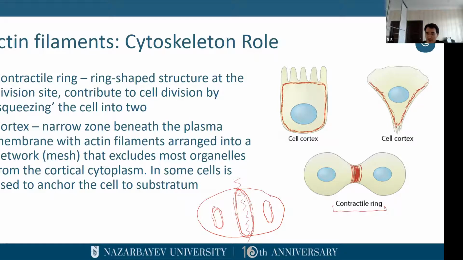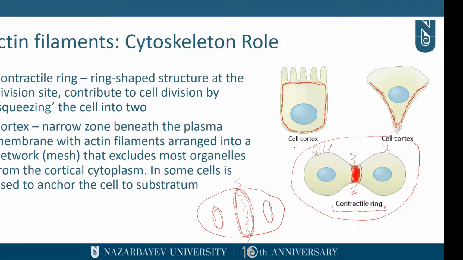And then this ring starts contracting. It contracts until these two parts, I mean cell 1 and 2, are split because of very thin cytoplasm here. And this is the function of the contractile ring. Is this part clear? Yes, it is.